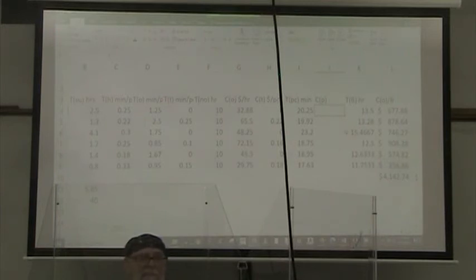Yeah, that's easy. All right, so the cost per piece, here, I'll put it, that's going to become the time in minutes divided by 60 to make it in hours, times the cost in dollars per hour.